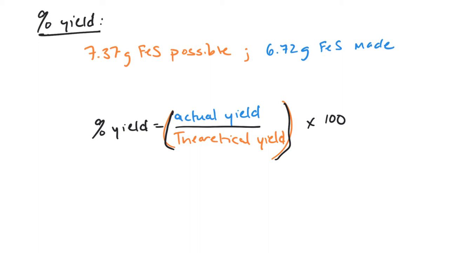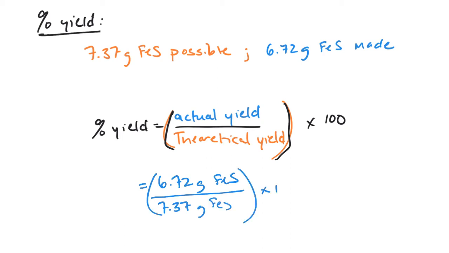So in this case, my actual yield is 6.72 grams of FeS. My theoretical yield is 7.37 grams of FeS. So I'm going to do that math, and multiply that by 100 to get it into a percentage. And I get 91.2%. So for this reaction, my percent yield was 91.2%.